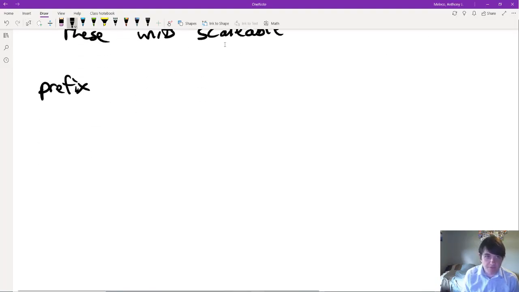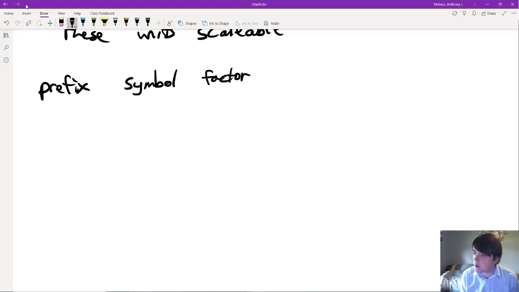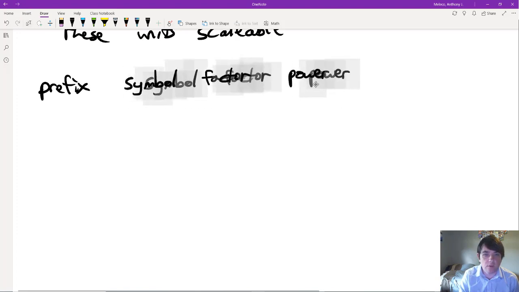So we'll talk about the prefix, the symbol for that prefix, the factor that it is, how big it is, and then the power. So if you were to do scientific notation for it, I need to actually probably spread these out a bit.